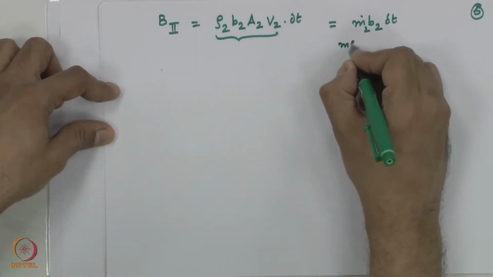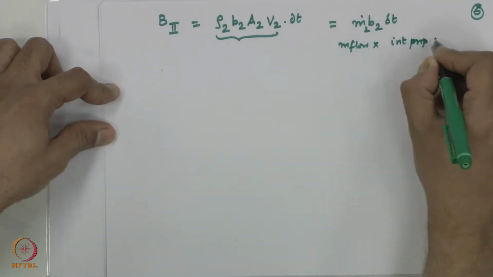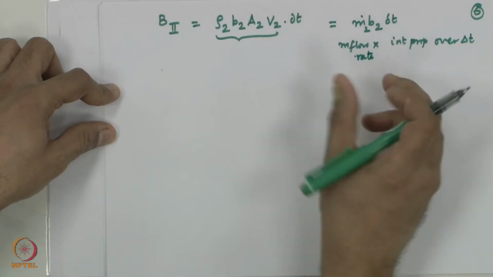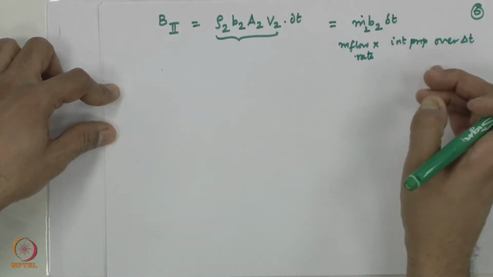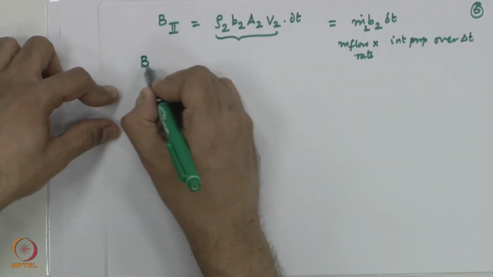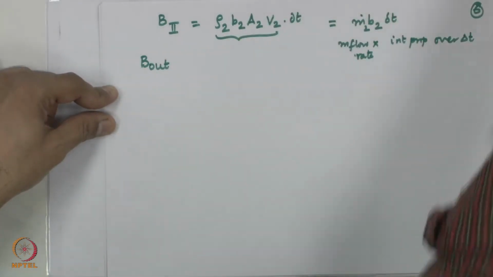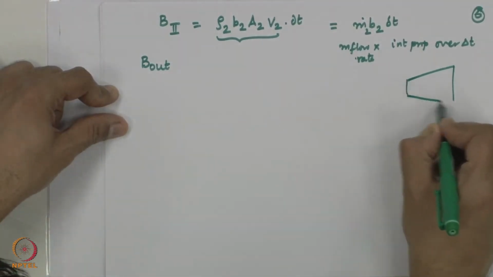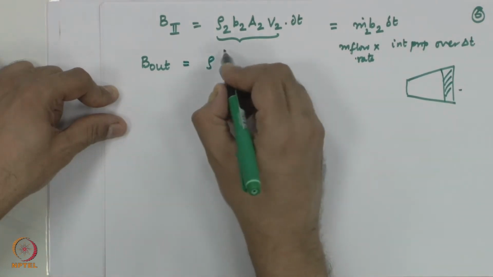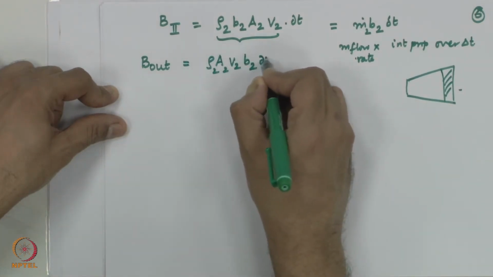Mass flow rate over delta t would give you the mass, and times the intensive property would give you the total extensive property. Therefore, B dot out, this is leaving the control volume. The number 2 was outside; remember the diagram, number 2 was here. This is flow out. So B dot out is rho 2 A2 V2 b2 delta t.